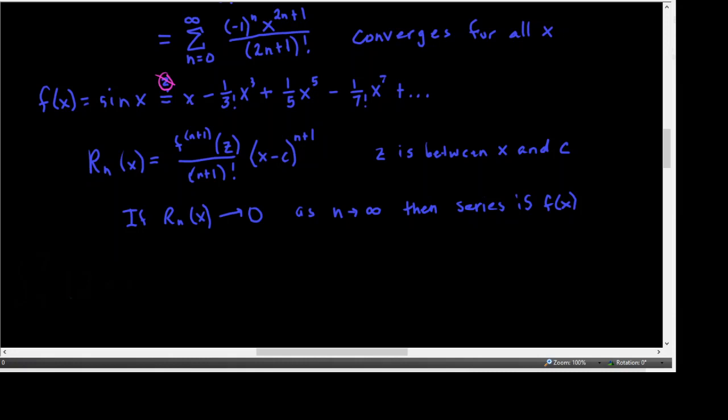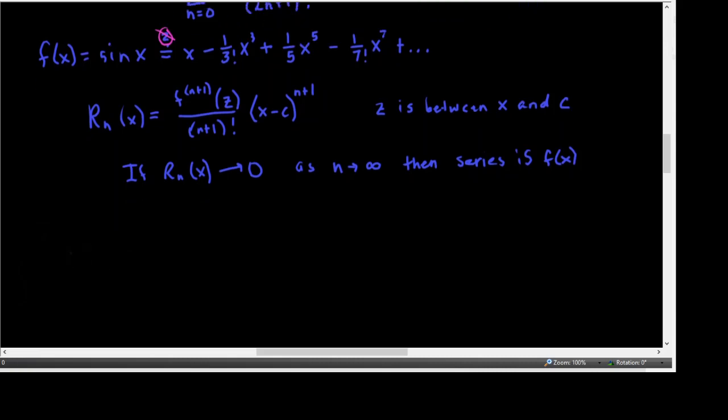So all we'd have to do is prove that r sub n approaches 0 as n goes to infinity. So let's do that for this particular series that we just developed. I want to take away that question mark above the equal sign and show that it actually is equal.